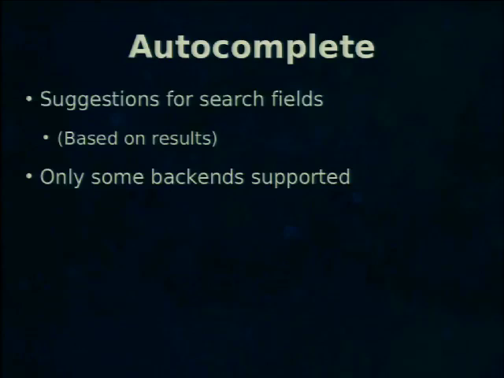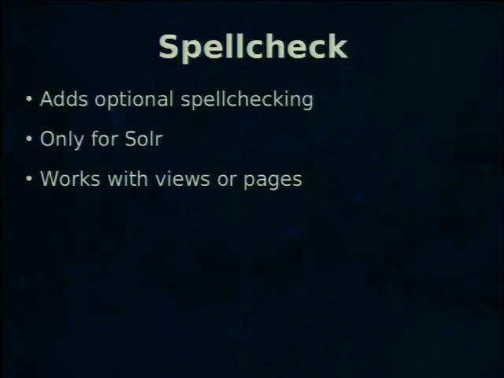And yeah, the downside here is that only some backends are supported. Database and Solr work both, but most others don't, so you also have to take care of that. There's the Spellcheck module, which also is pretty self-explanatory.